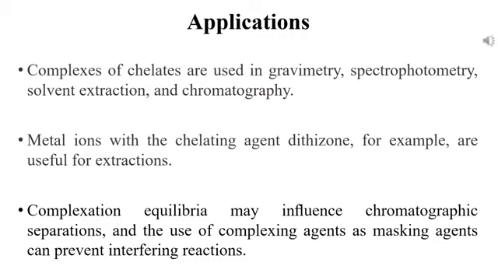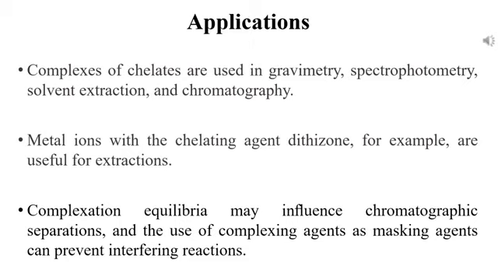So the complexes of chelates could be used in gravimetry, in spectrophotometry, and also for solvent extraction and other techniques like chromatography. In solvent extraction, a metal chelating agent like dithizone could be used, and these chelates are most of the time colored.